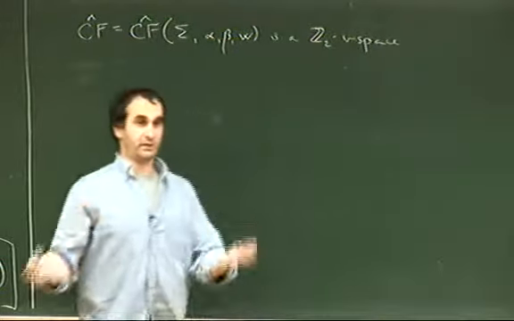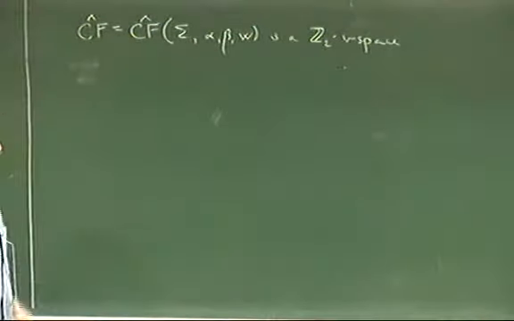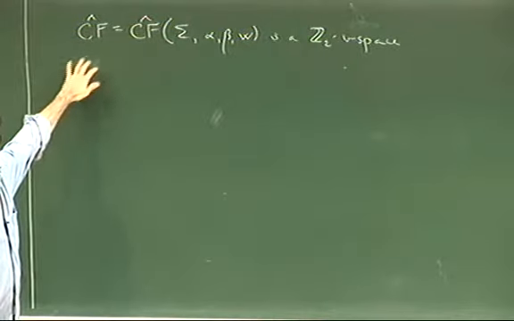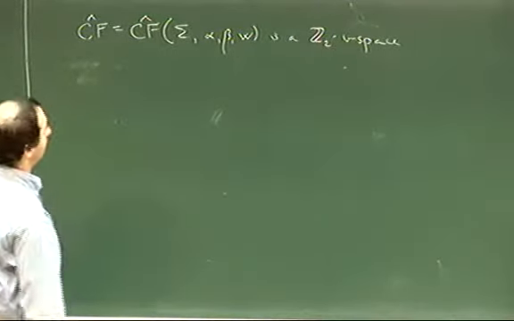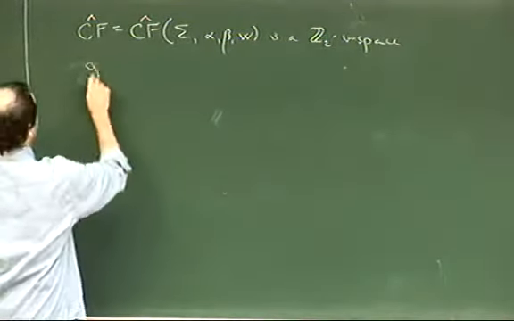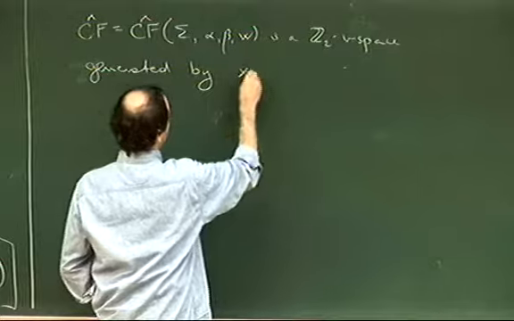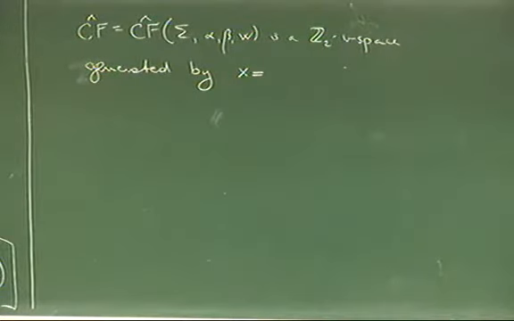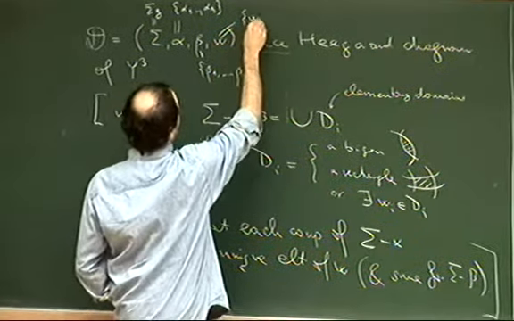It will be a finite dimensional vector space over the field Z2, because I don't want to deal with signs, but in fact the whole theory can be extended to finitely generated abelian groups, so we can do it over Z. But let's stick to the Z2 choice, generated by, so maybe I should remind you, this is a genus g surface, and we have k alpha and k beta curves, and then W is also a vector.